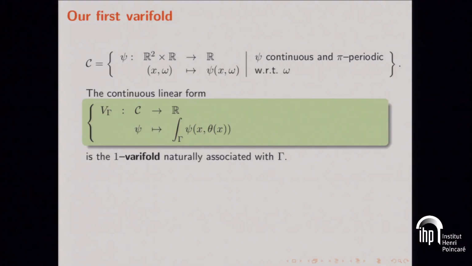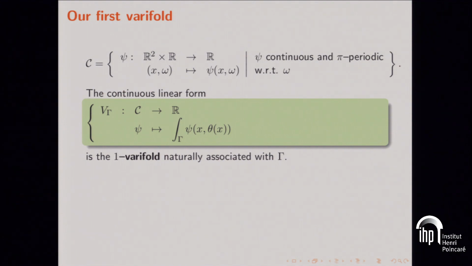So those integrals are actually what is called in this simplified setting a varifold. So a varifold is not a very, very technical object. It becomes technical when you want to generalize it to any dimension and codimension, because it's less easy to encode the direction. You need more than just one angle.